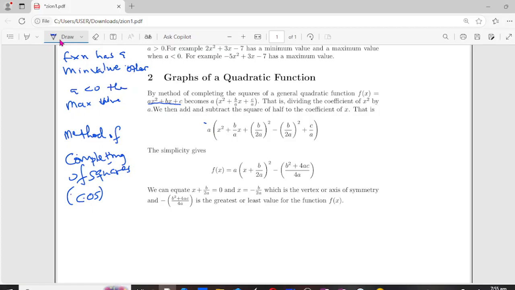So we are going to get x squared plus, dividing the whole equation by a, the coefficient of x becomes b over a, and then the constant becomes c over a.